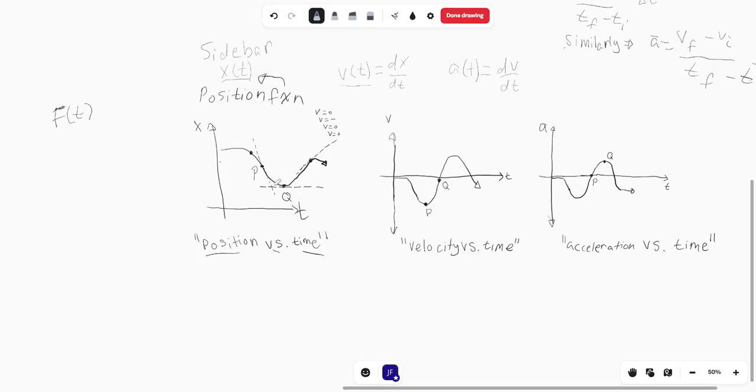Then as you get to point Q, that slope gets less steep and goes to 0. The line touching point Q is 0, that's the slope at point Q. Then we go back to a positive slope and go back up the curve. This dotted line represents a positive slope over here.